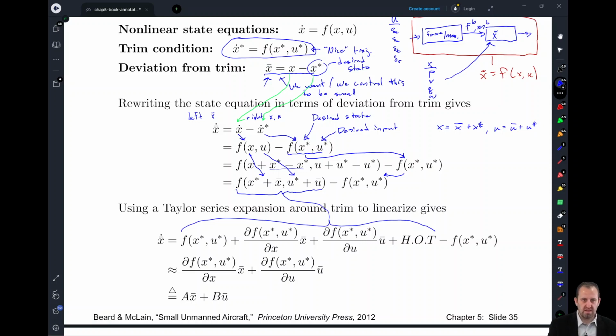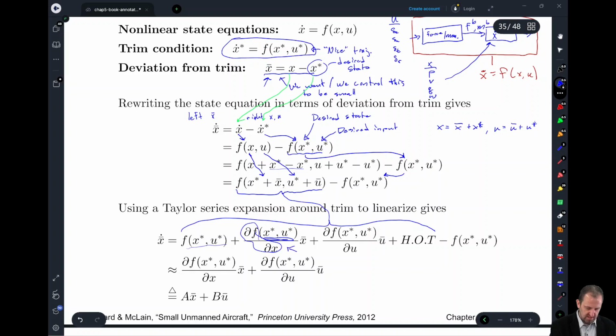So we're just expanding that one function. When we expand it, we get the nominal, plus we take the partial derivative of f with respect to our state, and we evaluate it at the nominal.